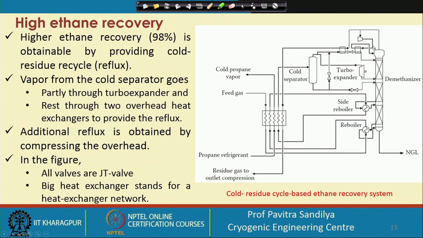That means there are two reflux streams in this system, and the rest of the things remain the same as in the conventional turbo expander based system. So with this modification, one can get a still higher ethane recovery, which is about 98%.